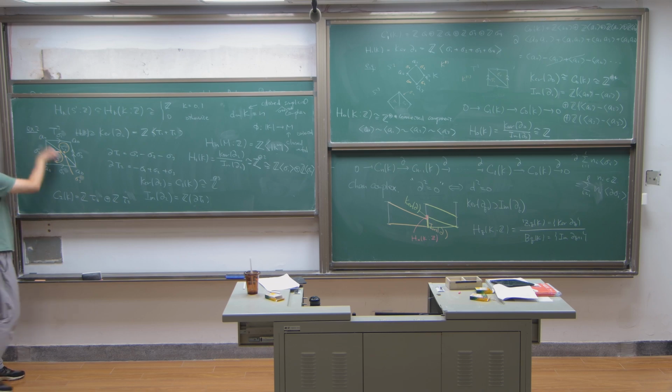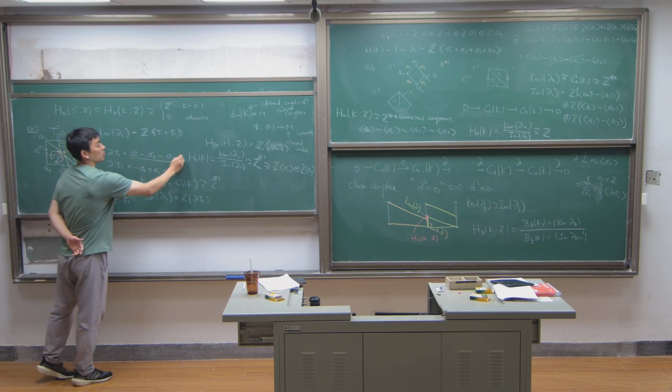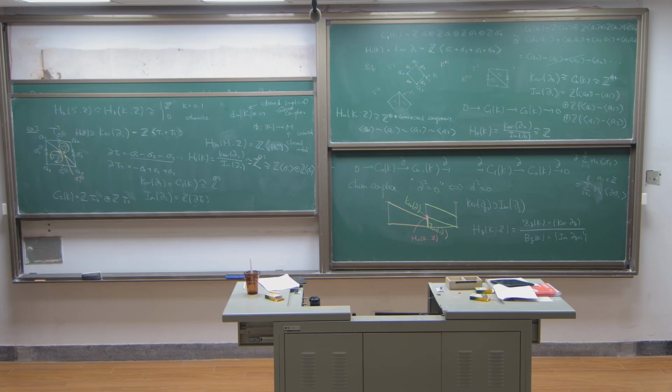But you cannot add sigma 3 because of this relation; this is equal to 0. Sigma 1 and 3 is also okay. That's true.